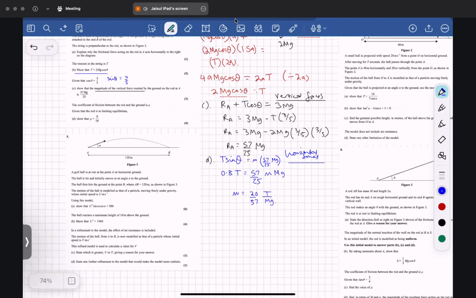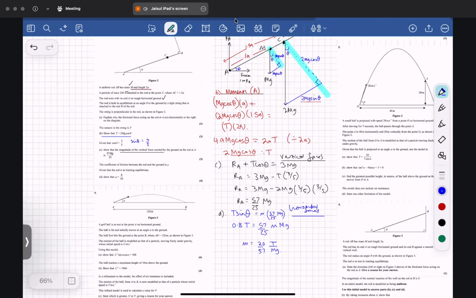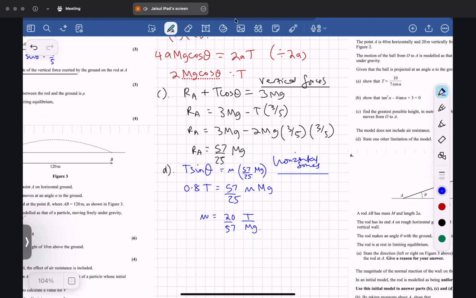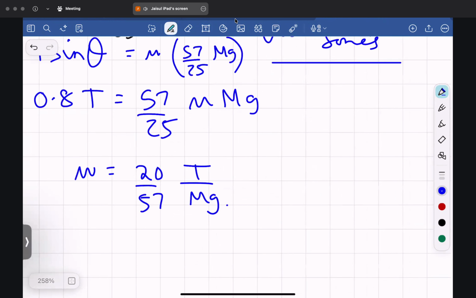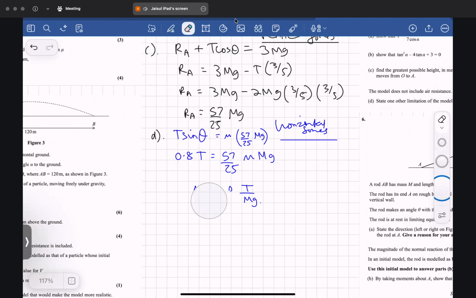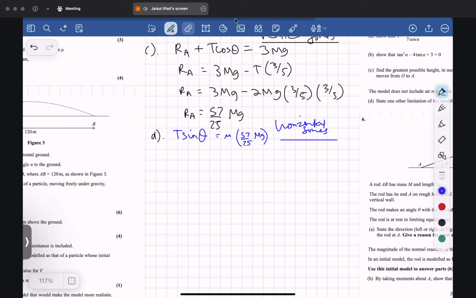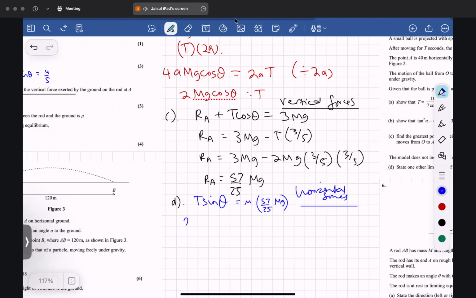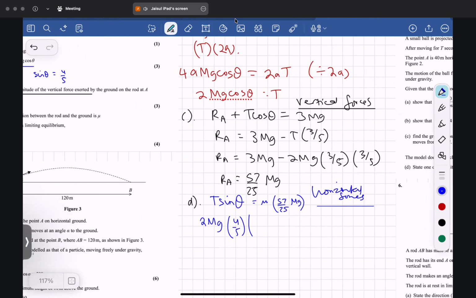There's something missing. Do we have T? Oh yeah, we have T, right? So T was 2mg cos theta. Oh wait, I'm going to redo this part then. It'll be easier. So T is 2mg cos theta times sin theta, 4/5.